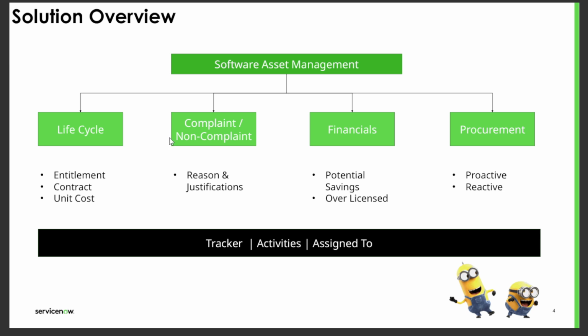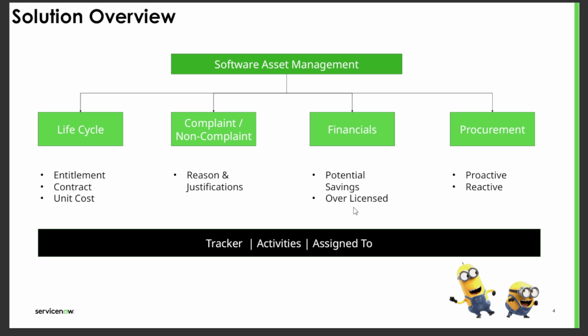Key pillar number three, financial. You know well, like the potential savings: how much license was utilized in the last month, how much was overutilized, how much was underutilized. Those calculations can be handled via financial, which has a relationship with your unit cost. The unit cost can be handled via your entitlement table, and the financials also take data from the entitlement table.